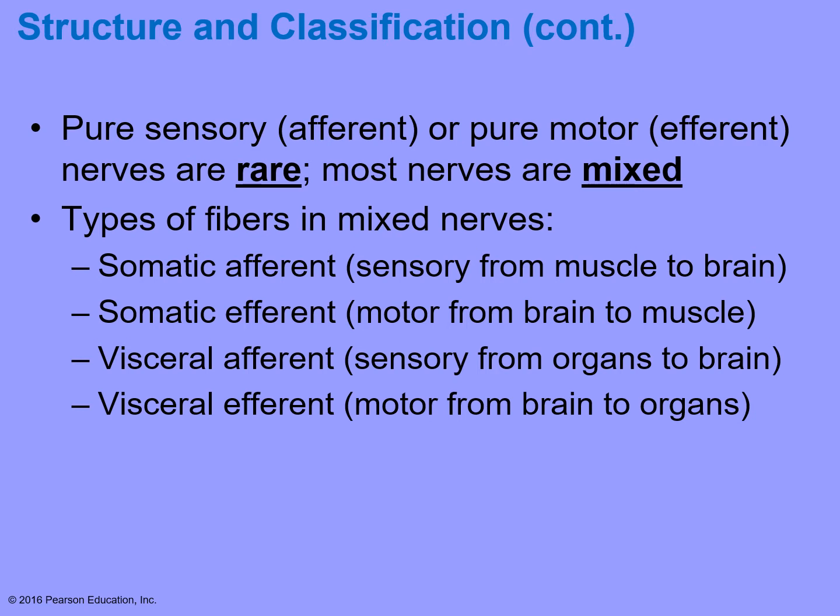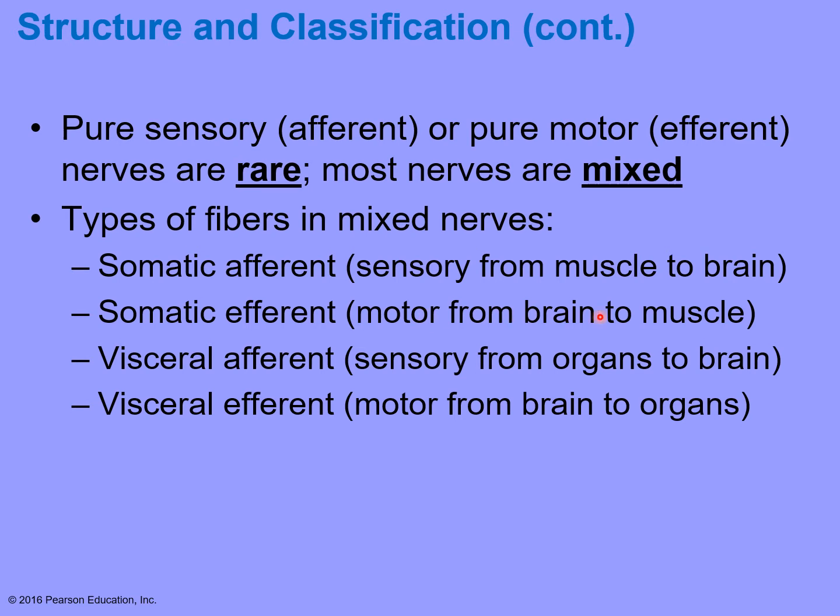So the different types of fibers, we kind of combine all this together. You've got your somatic afferent. So this is sensory information that's coming from a muscle, skeletal muscle, going to the brain. When it's muscle here, it's referring to skeletal muscle. Somatic efferent is motor information coming from the brain.